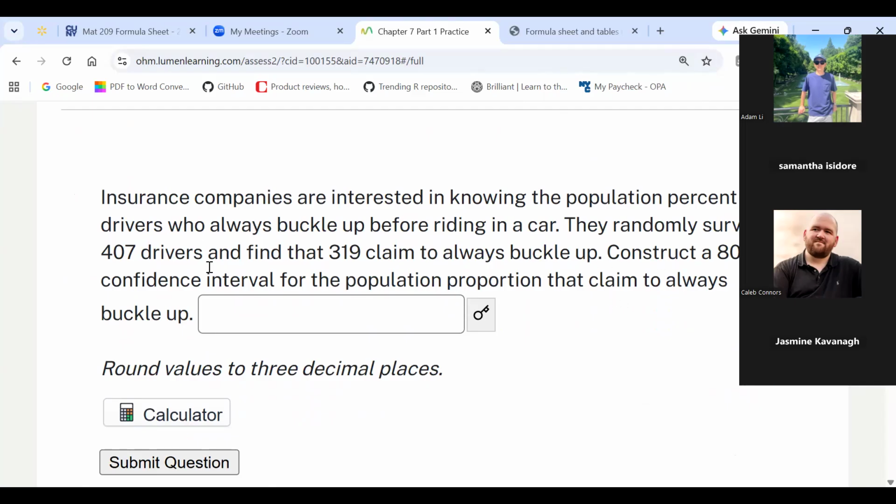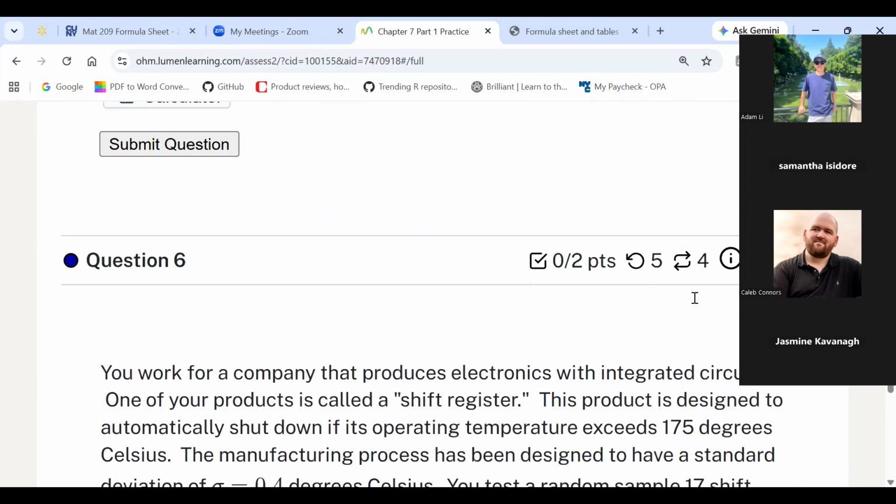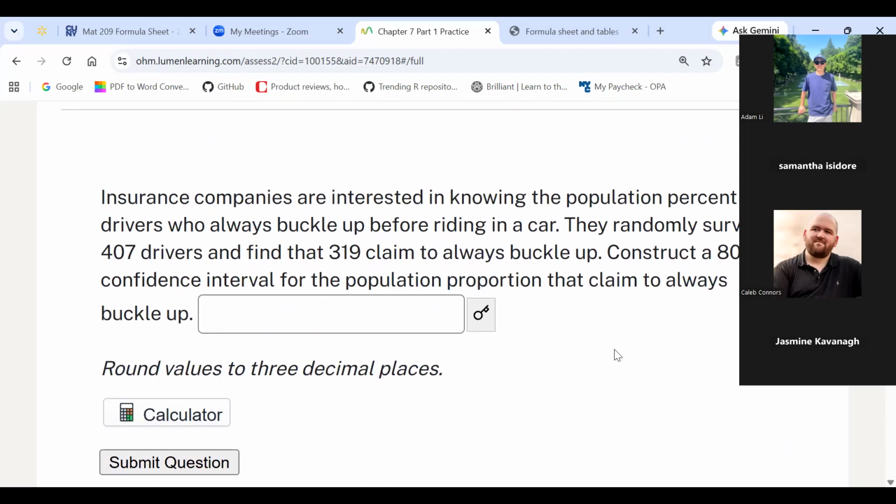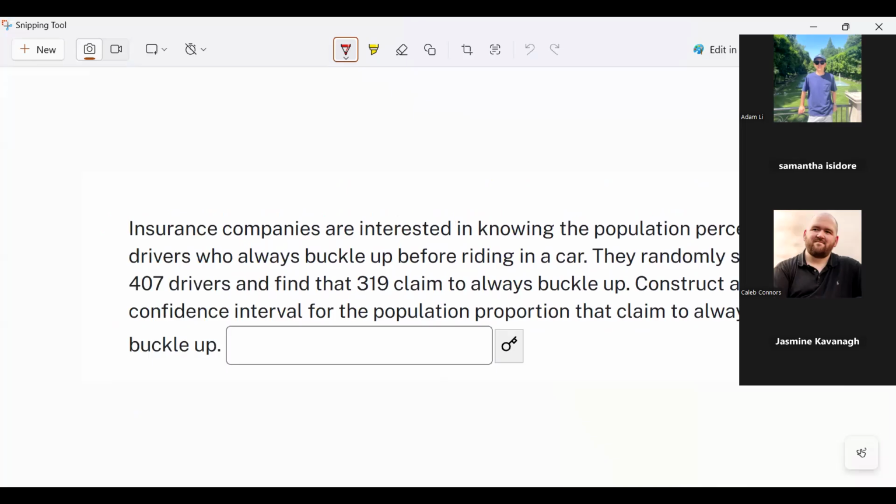Construct an 80% confidence interval for the population proportion that claim to always buckle up. Now it's 80% confidence, right? This is something we haven't dealt with yet, but maybe you try first.